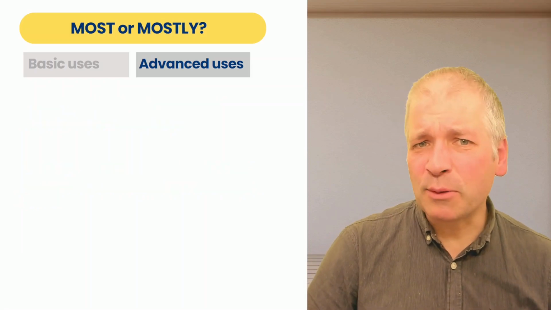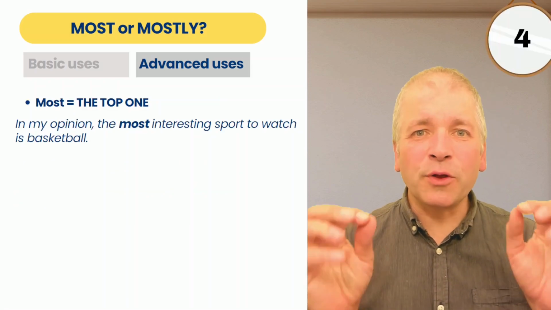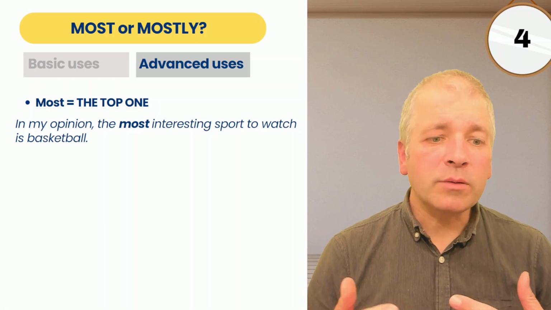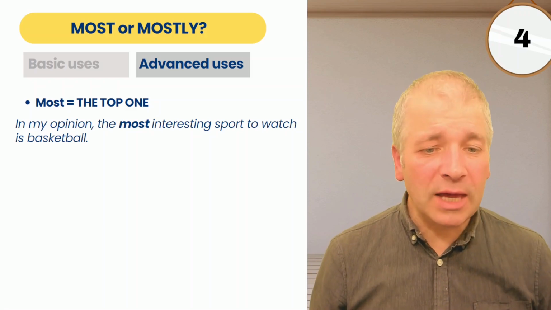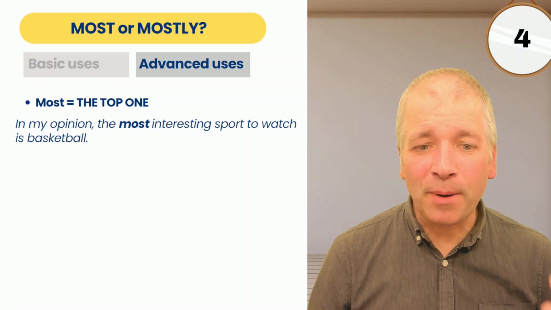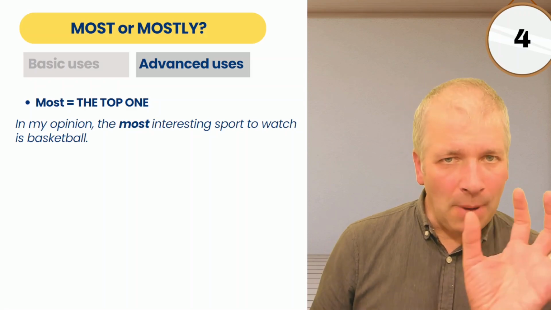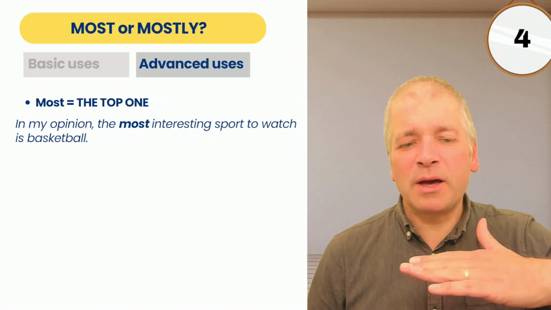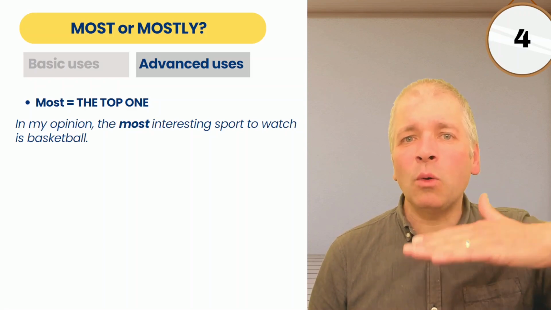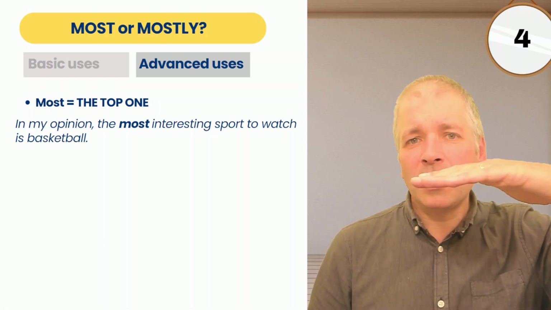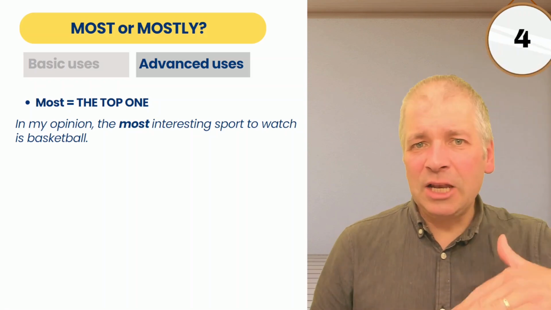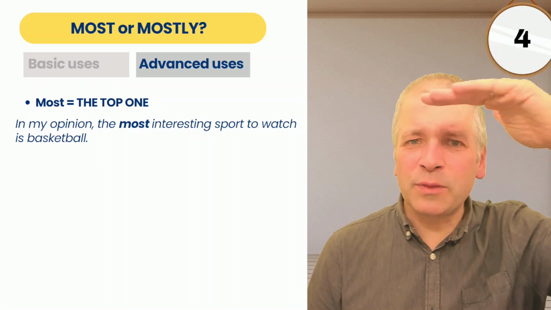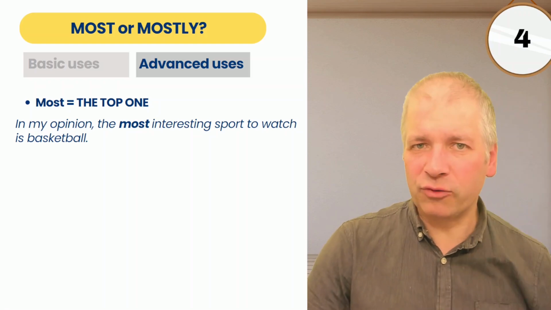Most or mostly. Most means the top one. So in my opinion, the most interesting sport to watch is basketball. Here, most is describing the adjective interesting, and it tells us that if you were to list all of the sports from the bottom to the top in terms of being interesting, basketball would be at the top, and therefore it's the most interesting.